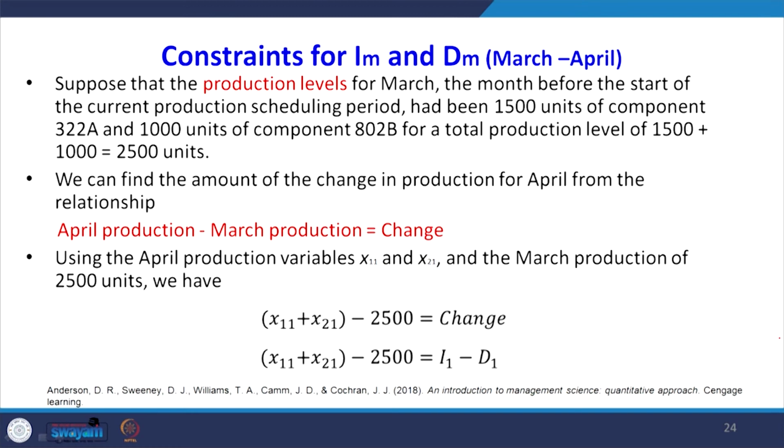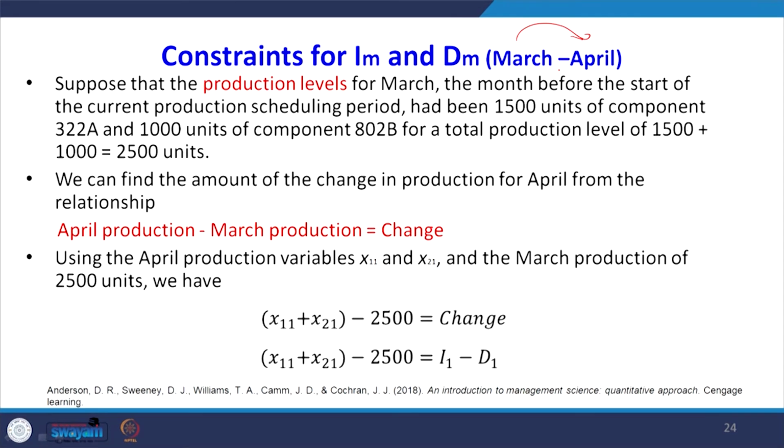Okay. Now, we will write the constraint for our setup cost. For example, we have the problem only from April onwards, April, May, June, but I am going to consider the setup cost between March and April.